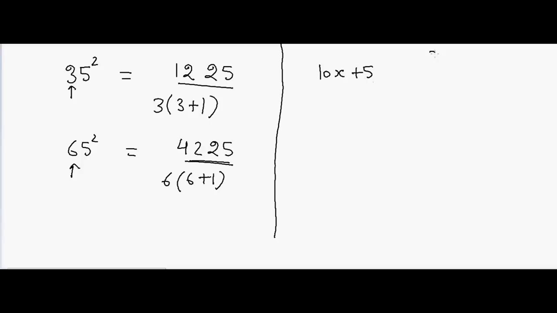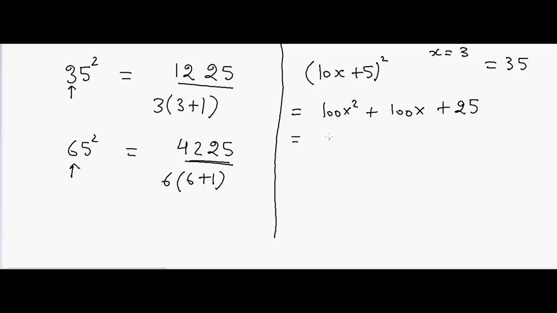So here, suppose if x is equal to 3, then this number will be equal to 35, right? Suppose we have 10x plus 5 and we want to square it. That will be equal to 100x squared plus 100x plus 25.